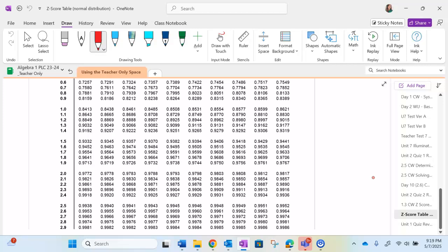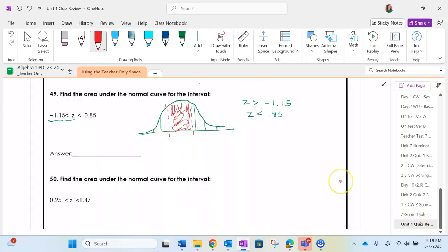So it's 0.8023. Okay, let me go back. So this is 0.8023, which is saying 80.23%.